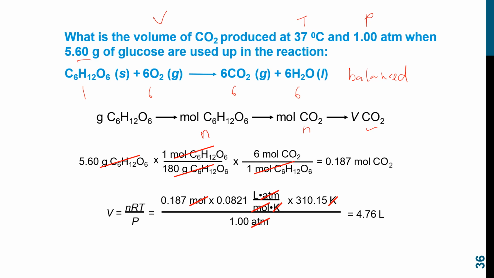So the first, don't forget to convert the temperature to Kelvin unit. 37 plus 273.15 equals 310.15 Kelvin.